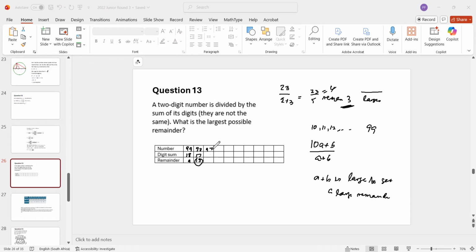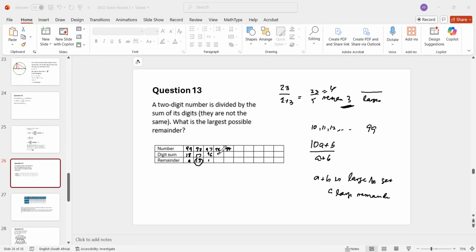I can take 97, I can take 96, I can take 95, but I have to stop there. The 94 will be 13, and the remainder will be smaller than 13. So let's see, 9 plus 7 is 16. We are hoping to get the remainder 14 or 15 to beat this one. But then when you see the remainder, the remainder is 1.